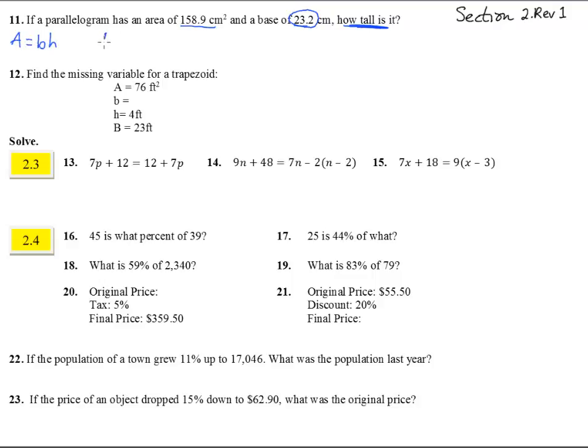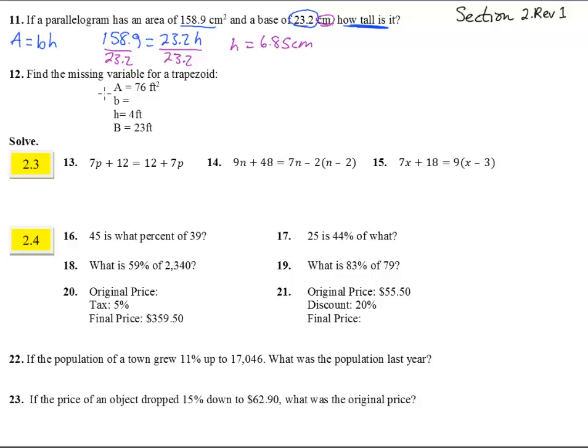So 158.9 equals 23.2 times the height. Divide both sides by 23.2, and we get that the height is 6.85 centimeters. There we go.